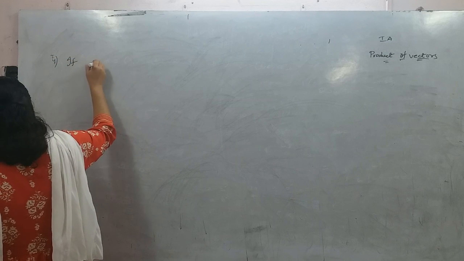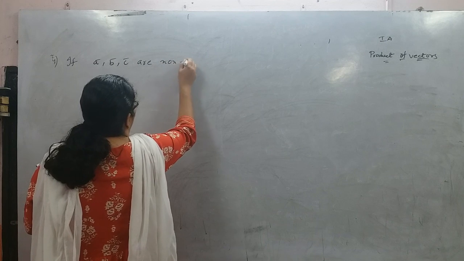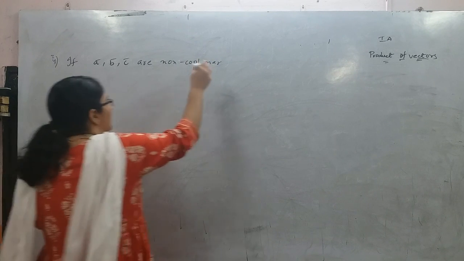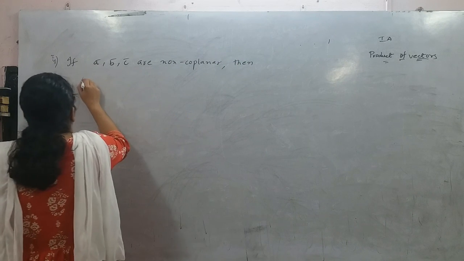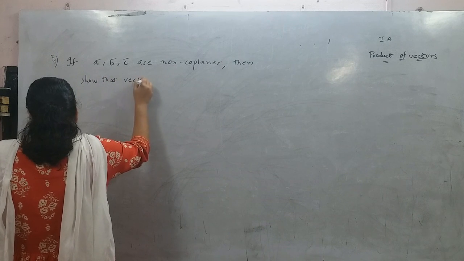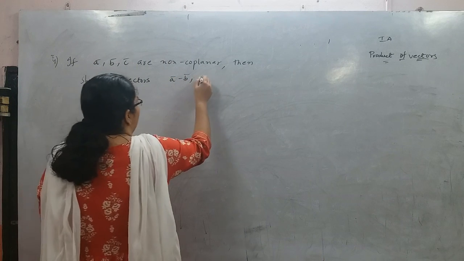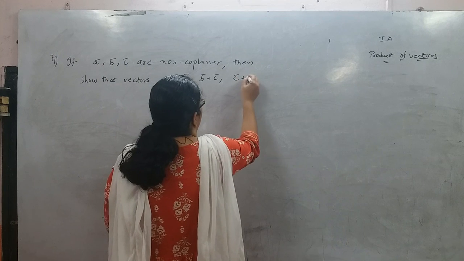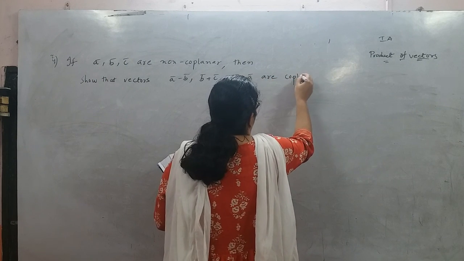If a bar, b bar, c bar are non-coplanar vectors, then show that vectors a bar minus b bar, b bar plus c bar, c bar plus a bar are coplanar.